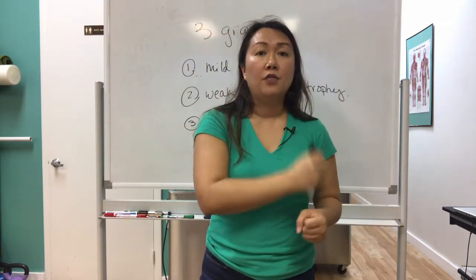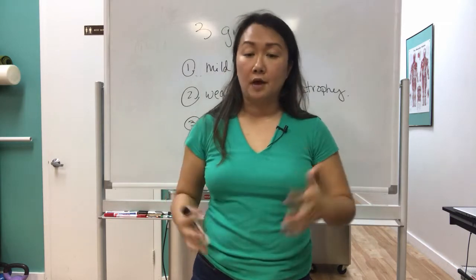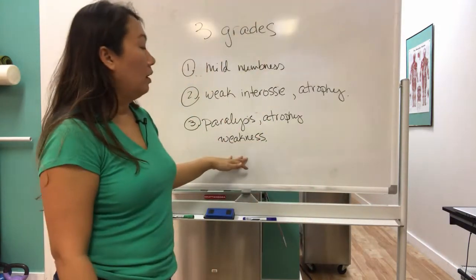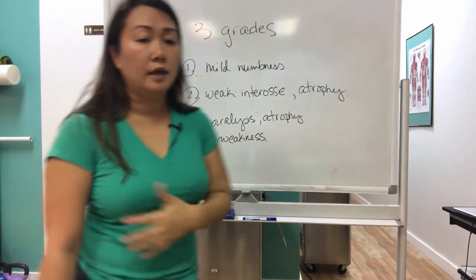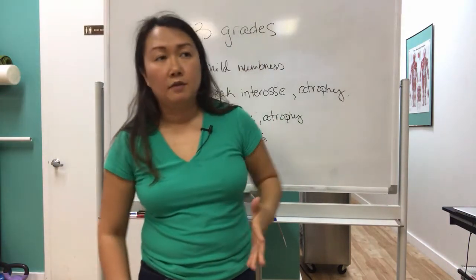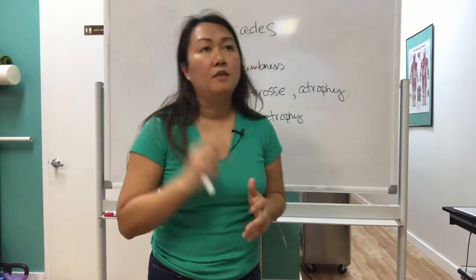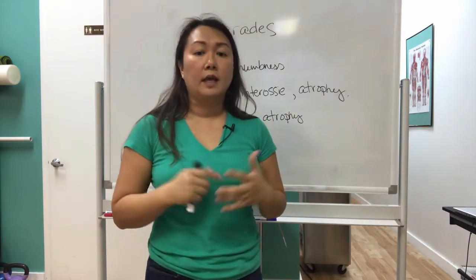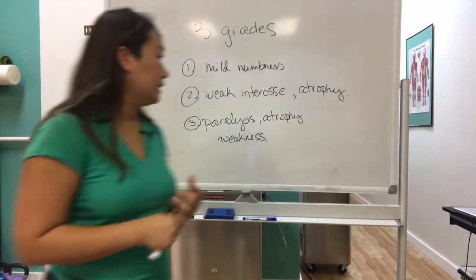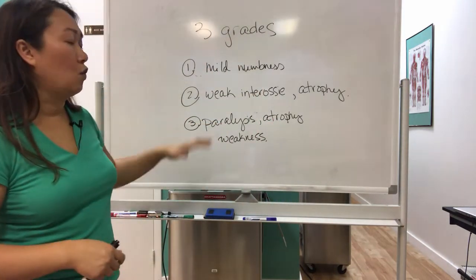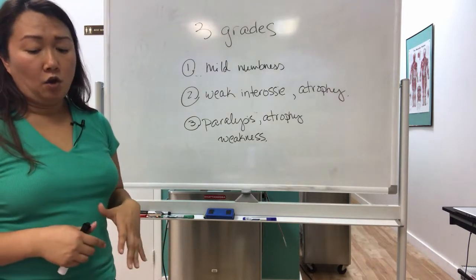On the test, there's going to be so much of that. The question is going to be like, if it's mild, and they do the test and have intermittent numbness and stuff like that, can you help them conservatively? Sure. If you already see marked paralysis, weakness, and atrophy, what is the grade?